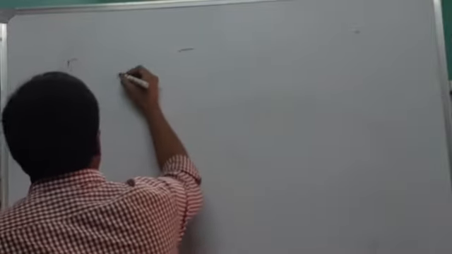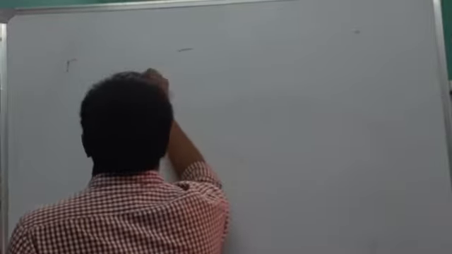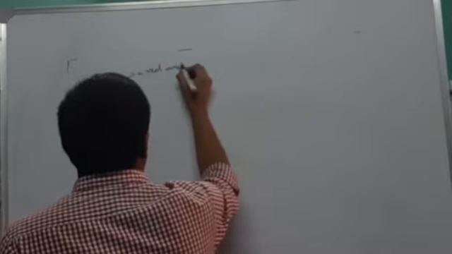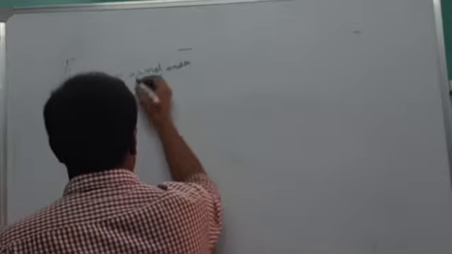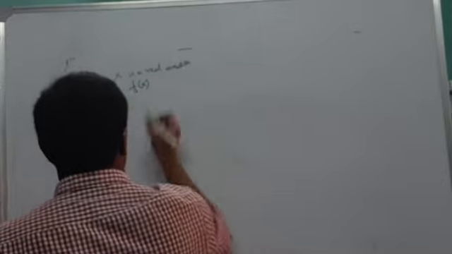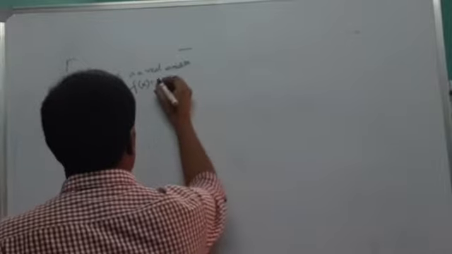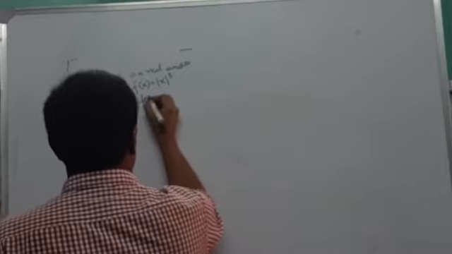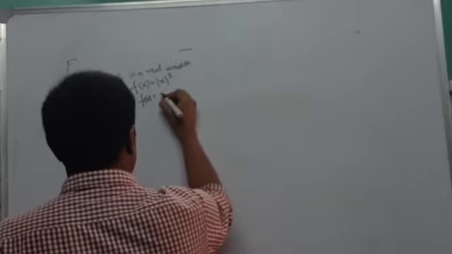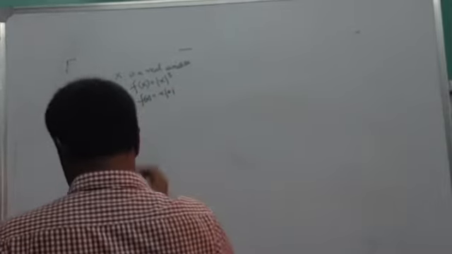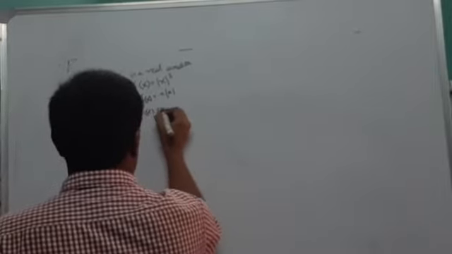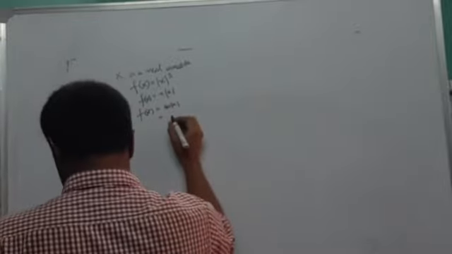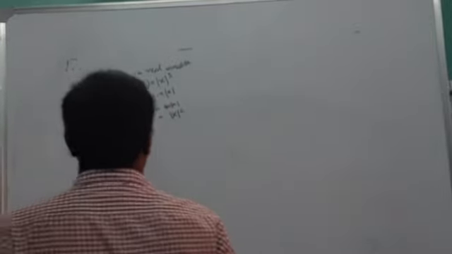So x is a real variable, and there are 4 functions given in the 4 options. f(x) equals mod of x cubed, f(x) equals x times mod x, f(x) equals cos of mod x, f(x) equals mod of x squared.